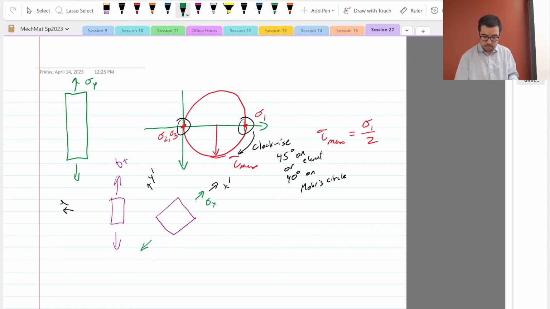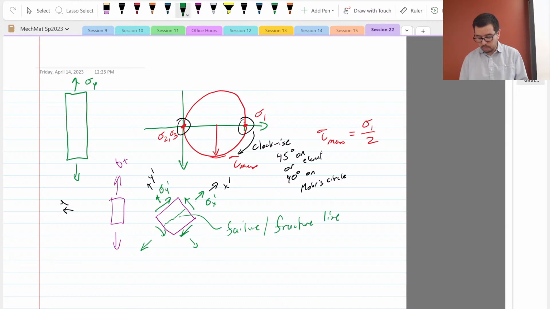That's the new sigma x prime. This is the new sigma y prime, and this is the new sigma y prime as well. And I have shear stress, and it's positive like this. The failure happens along this because of this shear stress, so it's going to happen along this direction. That's where the failure or fracture line is. And the classic example that people share.